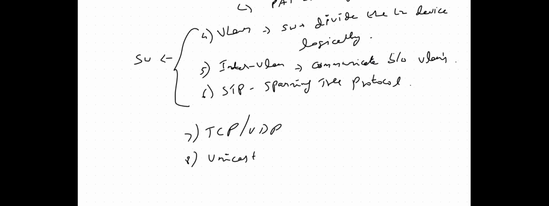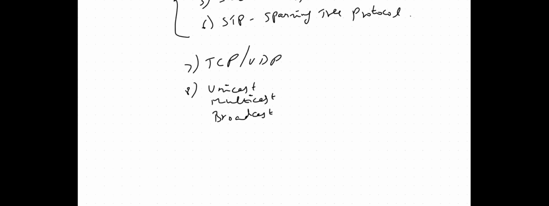TCP is more connection-oriented, UDP is less, and TCP has more reliability, UDP less reliability. TCP is for files: when a file is downloaded, we get the exact format of the file. But UDP is when we stream live sports or music, data can be lost sometimes. Yes, exactly, that is correct.